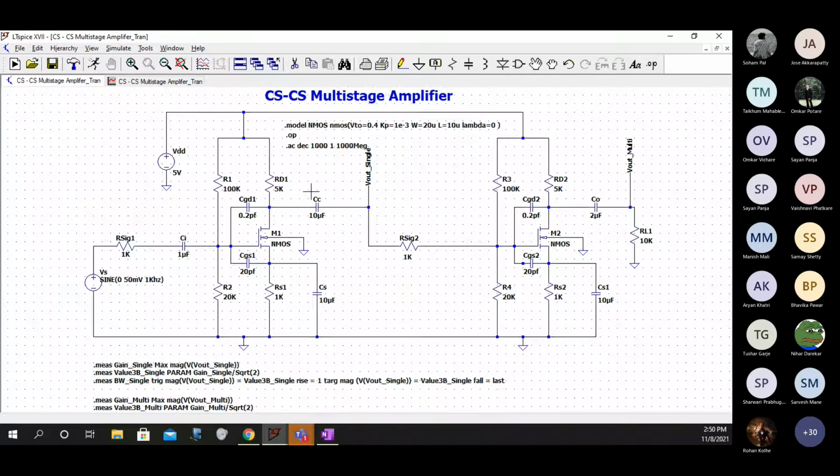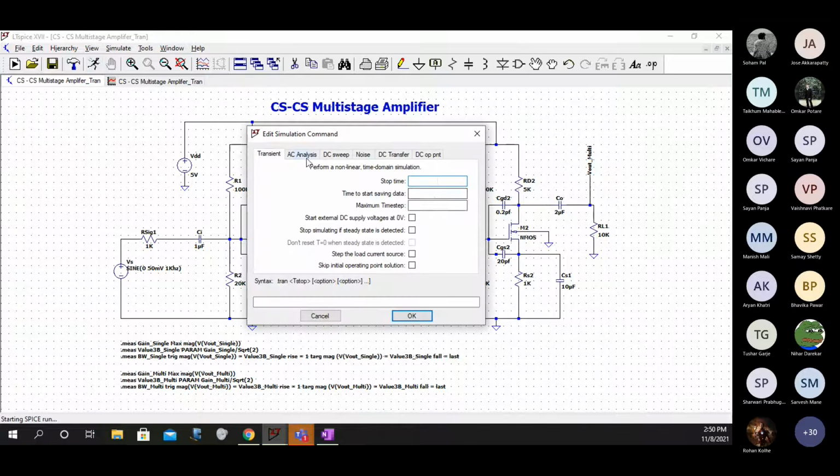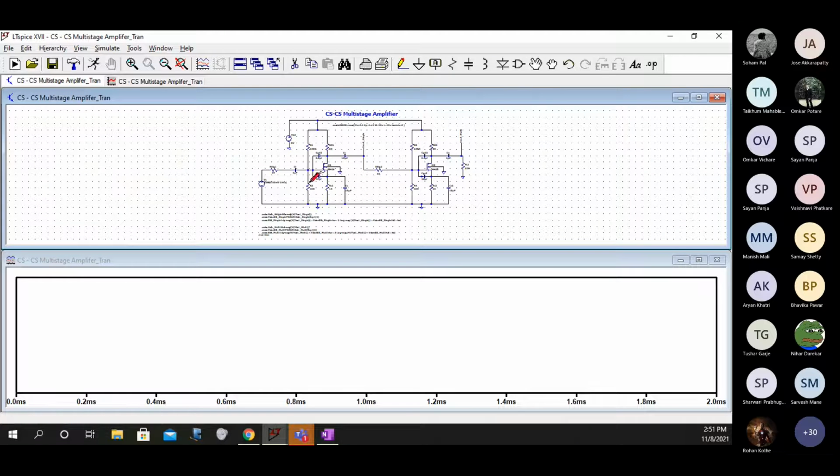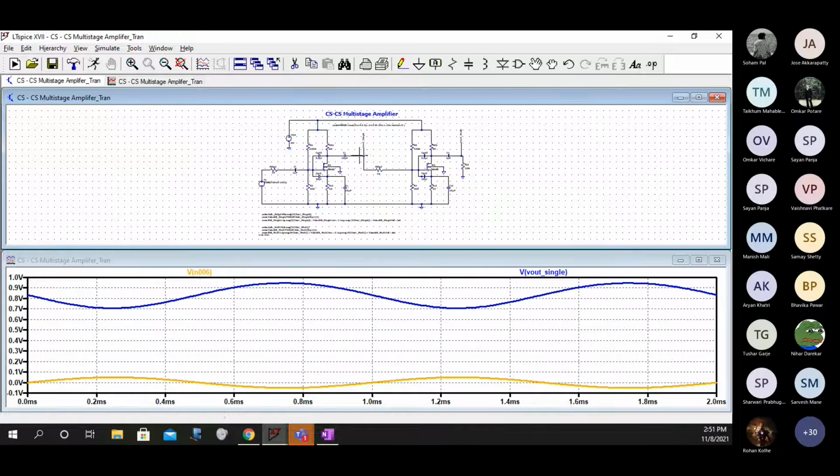I forgot to remove these two commands. Milliseconds, so that I can see two cycles. So the first one is the input, the second one is the output of the second stage.